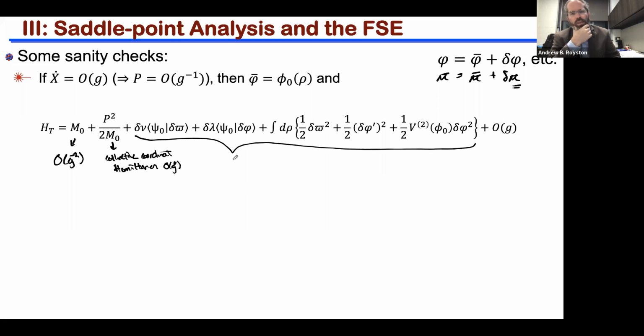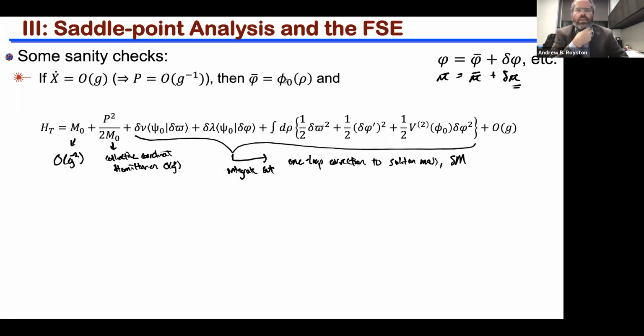And when we integrate it out by doing the Gaussian path integral, it leads to the one loop correction to the classical background soliton mass. We'll call that one loop correction delta M.